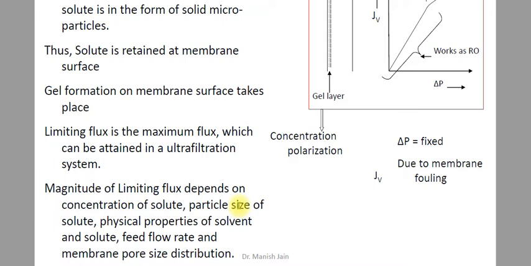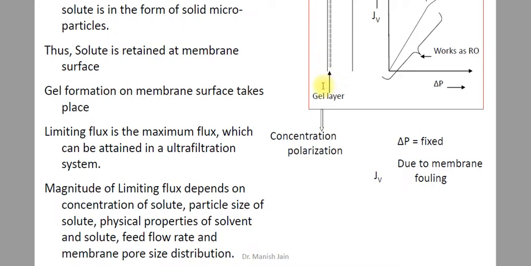If it is small, then the gel layer might be thin. If it is big, then the gel layer might be large and thick. Then the physical properties of the solvent, like density or viscosity. If the viscosity of the solvent is lower, then the particles may be easily removed from the surface, so the gel layer might be thin.